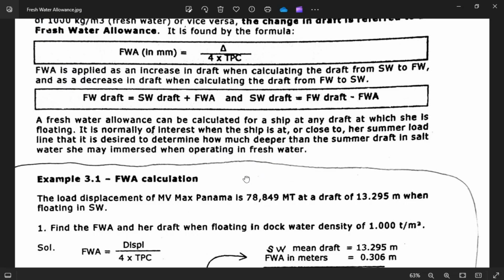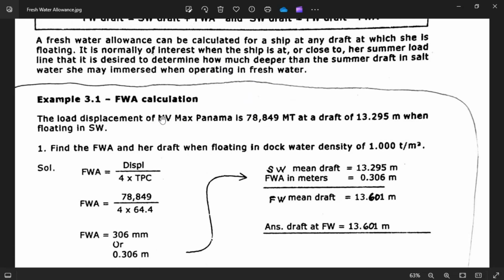So we have here a sample freshwater calculation, sample 3.1. The load displacement of a Panamax is 78,849 metric tons at a draft of 13.295 when she is floating in salt water.